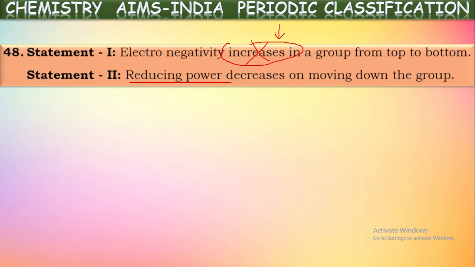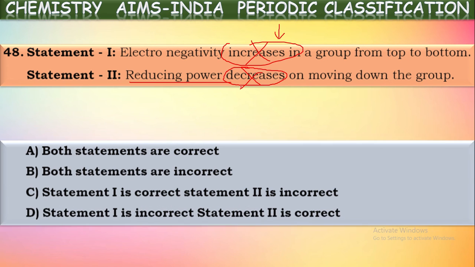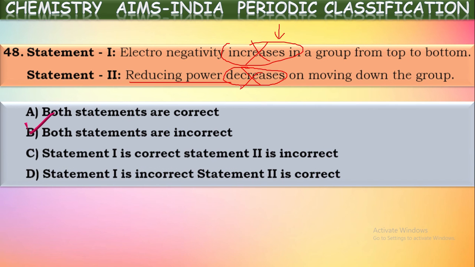So we can say in a group from top to bottom reducing power increases, but they mentioned here decreases. Reducing power means tendency of losing electrons. Tendency of losing electrons increases as you move from top to bottom. So it increases but not decreases. So we can say both the statements are incorrect.